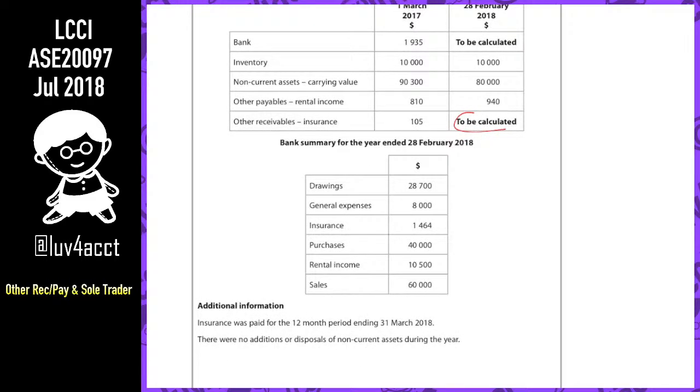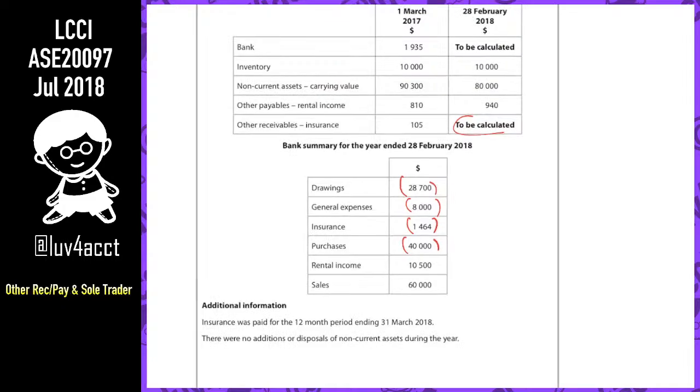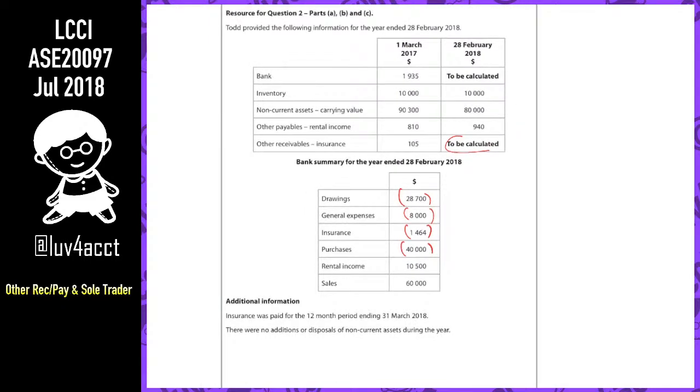Closing balance to be calculated. Bank summary. We have drawings, general expenses, insurance, purchases, rental income, and sales. I put that in brackets because these are payments, and those without brackets are receipts. So with this we can calculate the closing bank balance first.